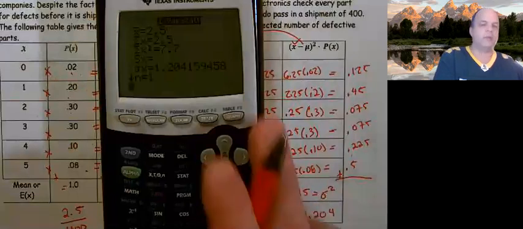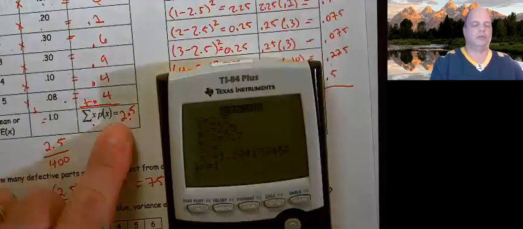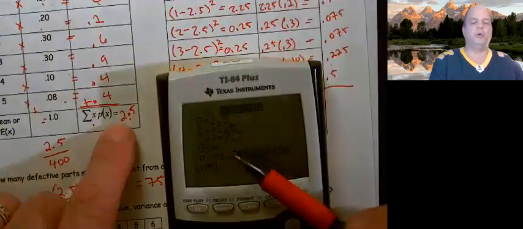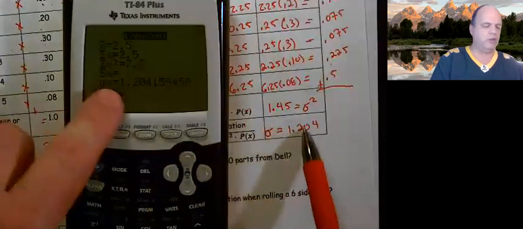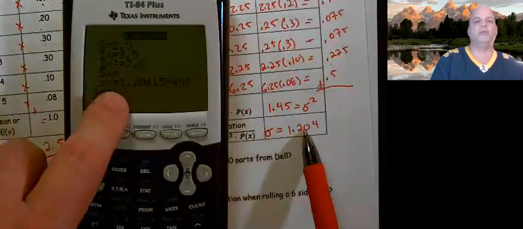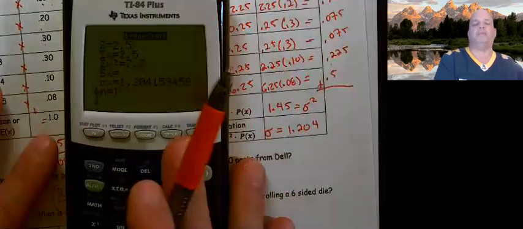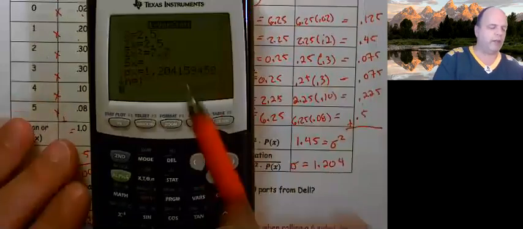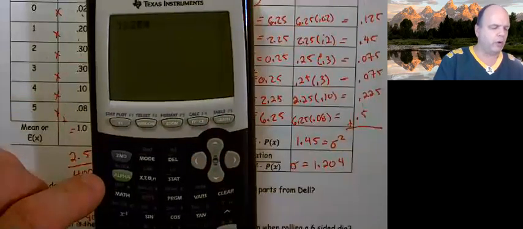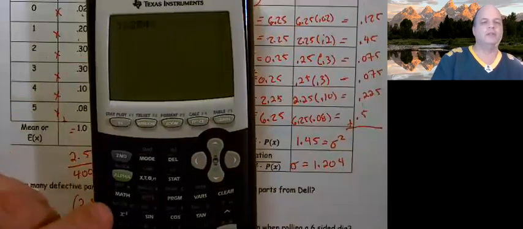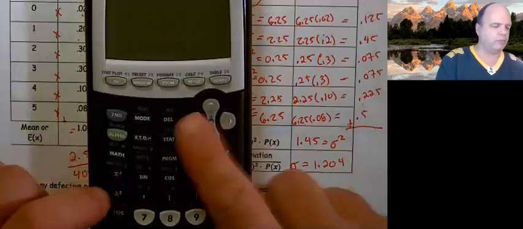And look, 2.5 and 2.5, those match. And there's my standard deviation of 1.204. All right, so it did all of that work for me. Now, if I wanted my variance, I took the standard deviation, 1.204, and then I'm just going to square it.